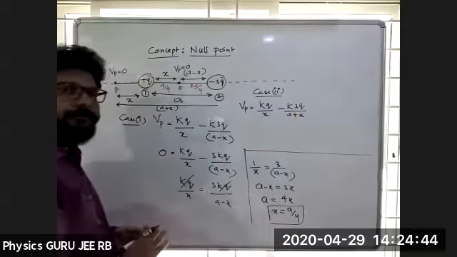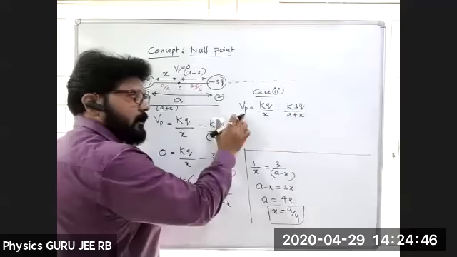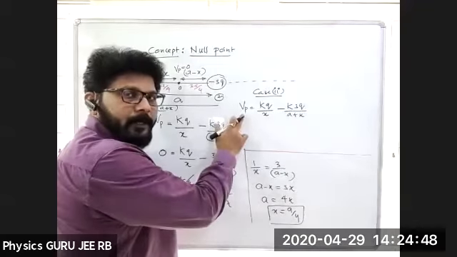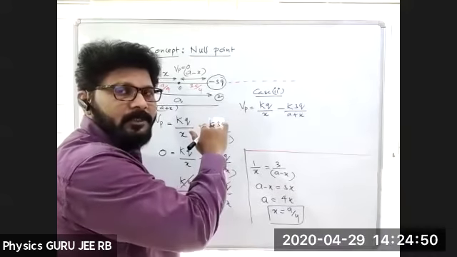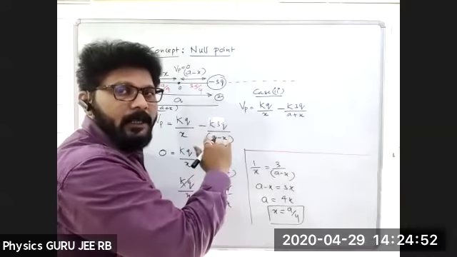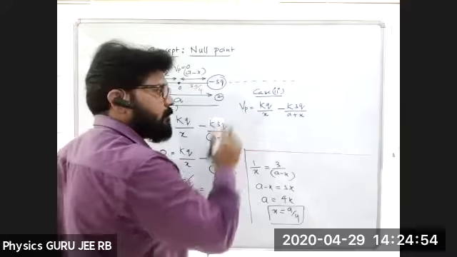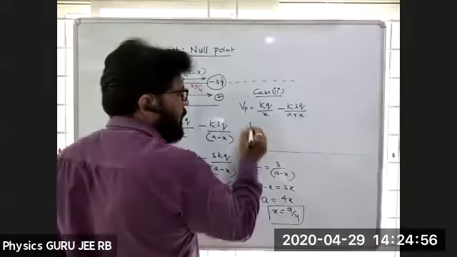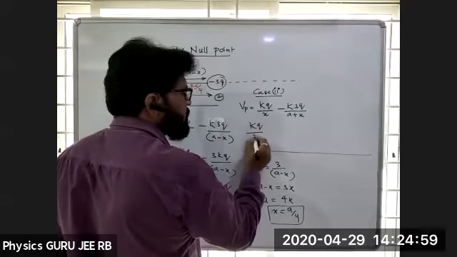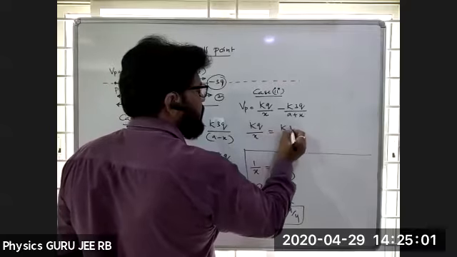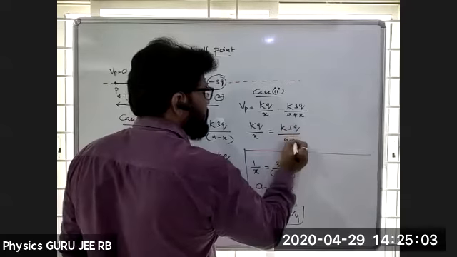Am I right? So at this particular point P, nearer to the smaller charge, outside the line joining the two charges, it should become 0. Then kq divided by x is equal to k3q divided by a plus x.